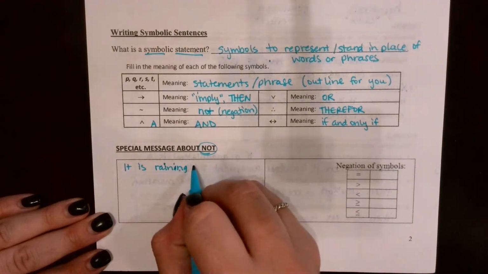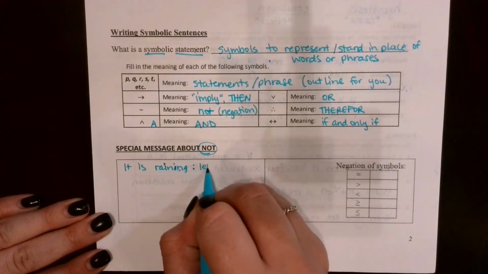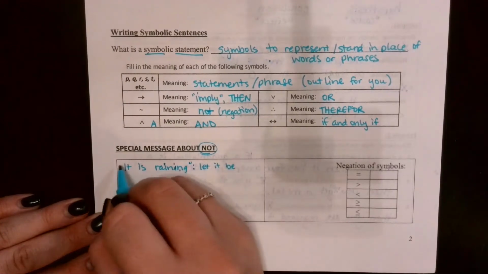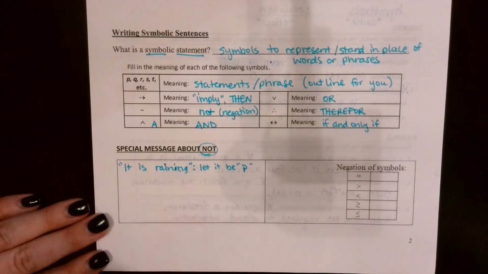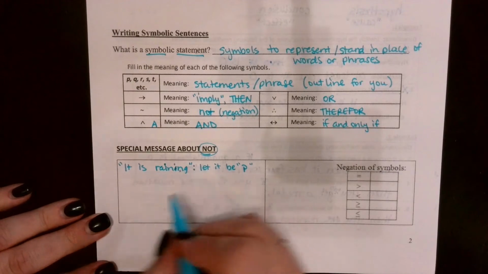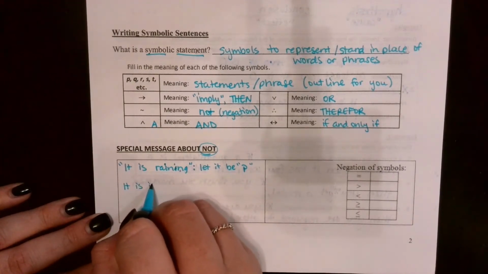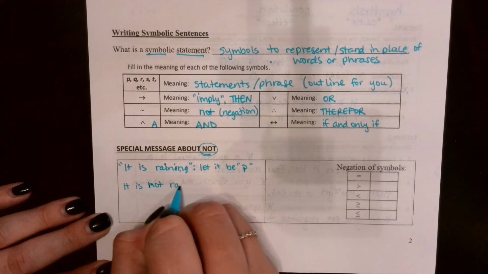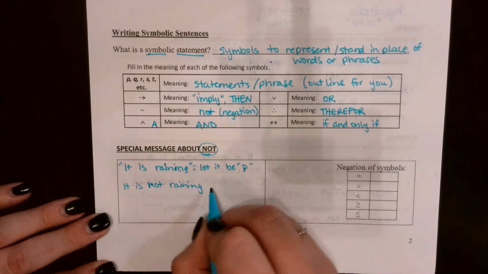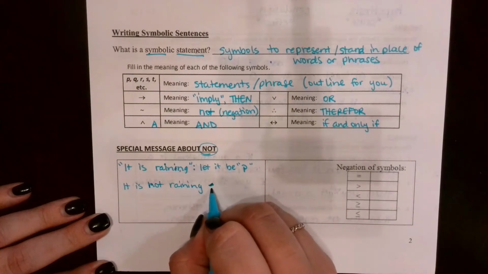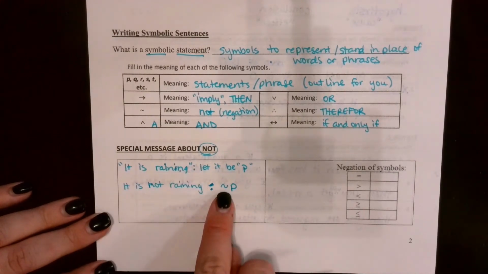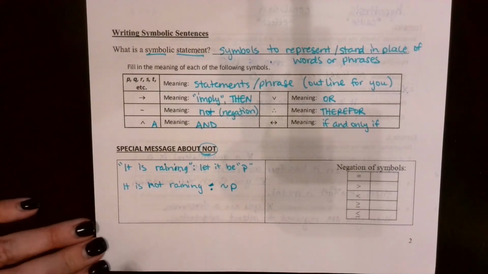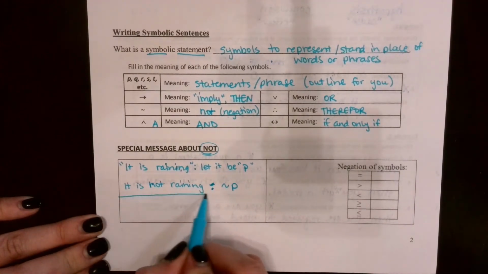But I'm going to say, let this statement be the letter P. So every time we use the letter P, we're talking about the statement, it is raining. If I wrote something like, it is not raining, that would be the not P statement. Why? Because it is the opposite meaning of it is raining. It is the negative, the not version for it is raining.